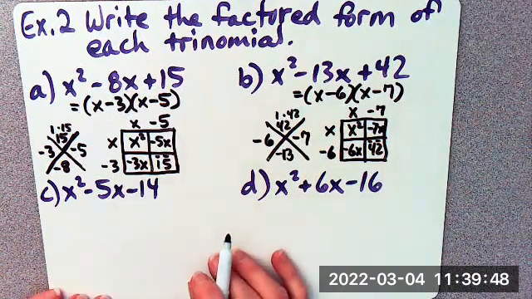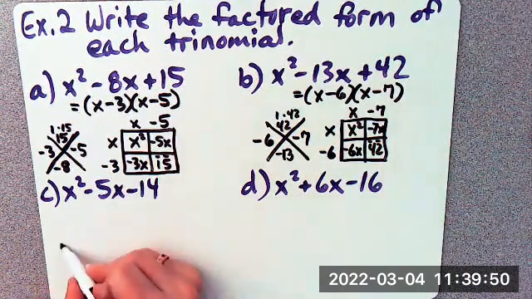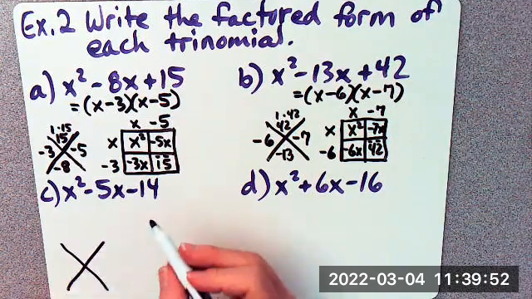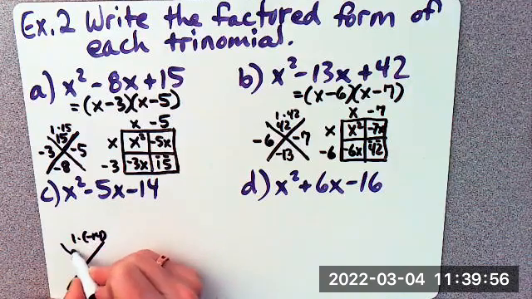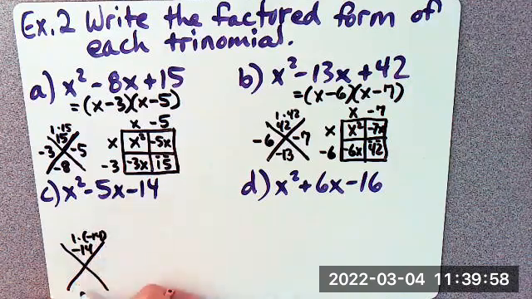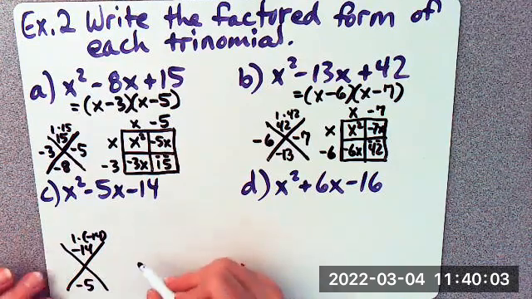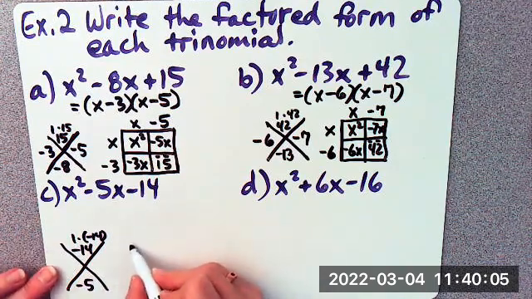All right, so you may be catching on now. So let's go a little faster. So we have 1 times negative 14 is negative 14, and this is negative 5. Okay, this one might be a little rough. So let's do a factor sum.